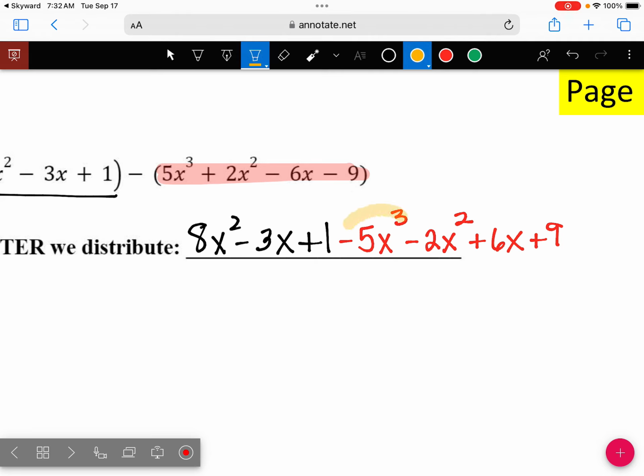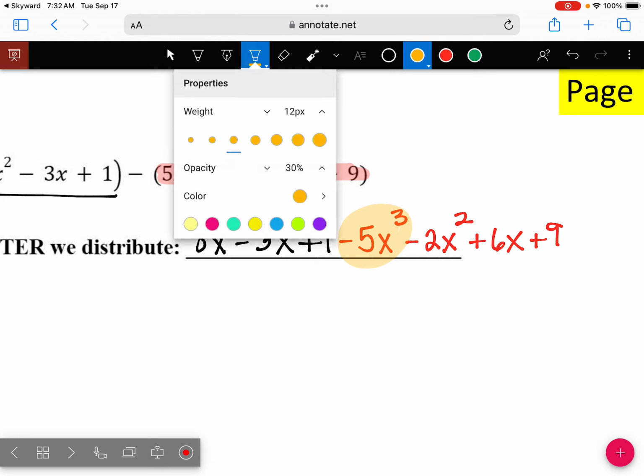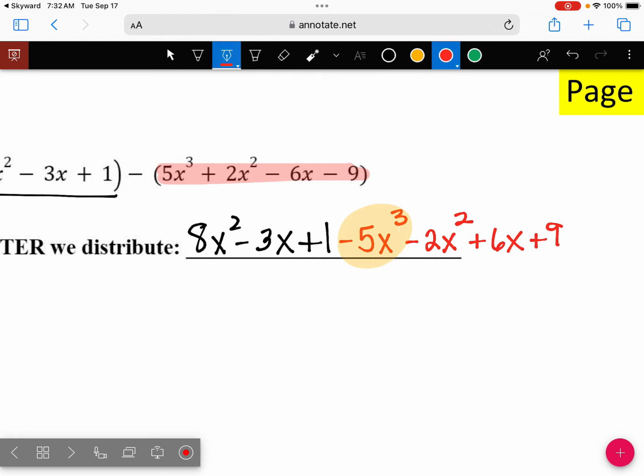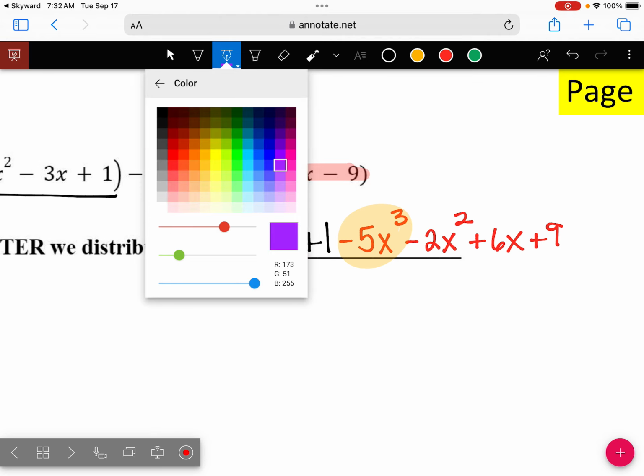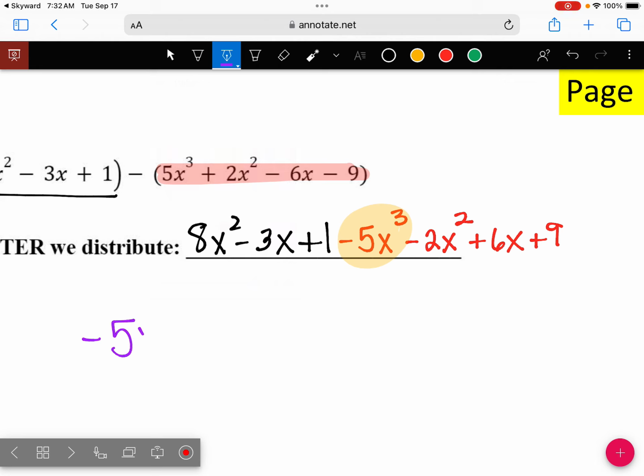So again, I always start with the highest one. I'm going to start with that one. Does that negative 5x cubed have a like term? Can we add it with anything? No, so we're just going to bring that one on down. So that would just be negative 5x cubed.